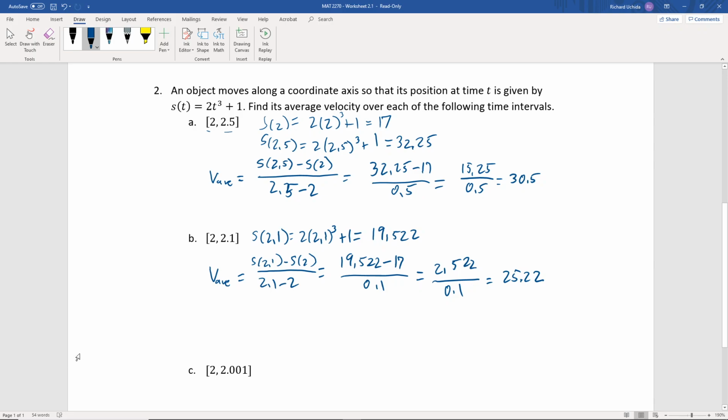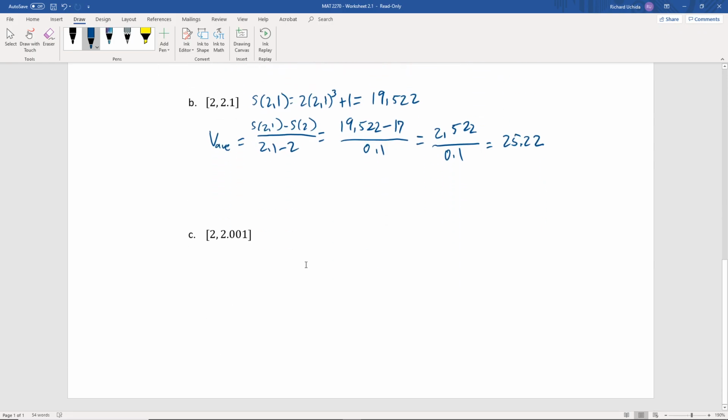Now, doing the last part is just doing it with the value from 2 to 2.001. So once again, what we'd have to do is plug in 2.001 into the function. So we have 2 times 2.001 cubed plus 1.